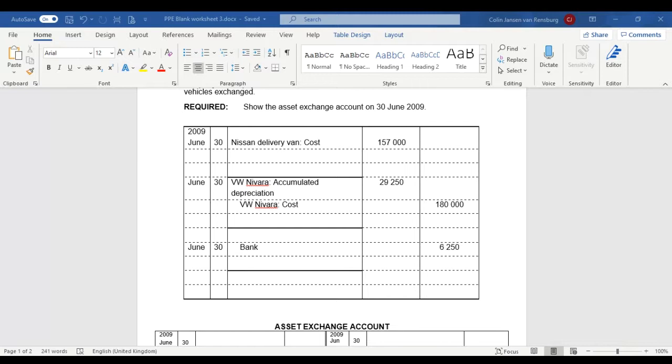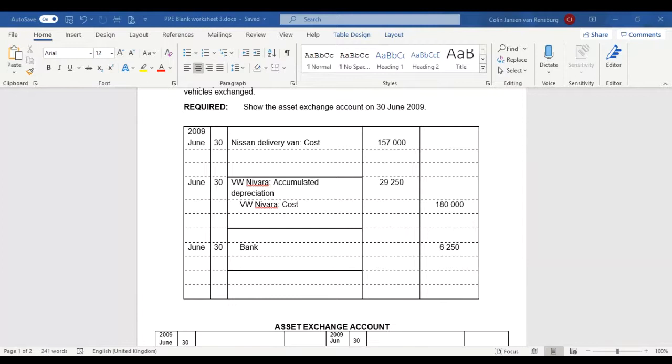If we had needed a debit to make this balance, theoretically, would that have represented a loss on the exchange or a profit on the exchange of assets?